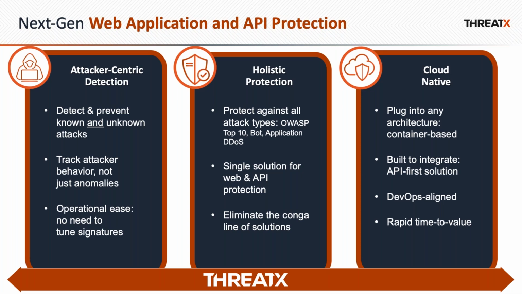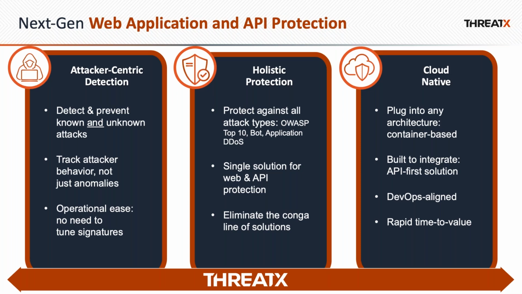Moving beyond just anomaly tracking and looking at the behavior of entities, being able to fingerprint entities and identify attackers that are coming at us from hundreds or thousands of individual IP addresses and look at them as a single entity. Then we need to get away from the tuning of static signatures that is the trademark of this legacy web application firewall space. The second pillar we see in this next generation of web application protection is taking a holistic approach.